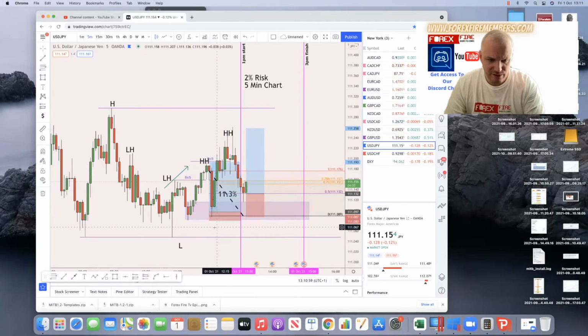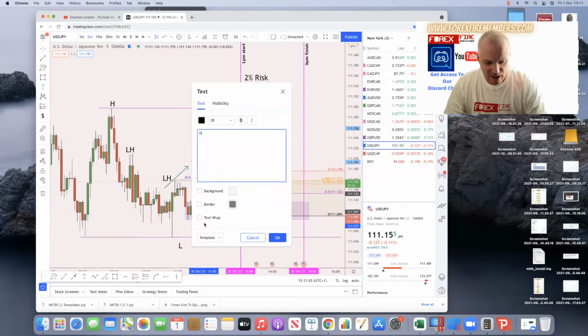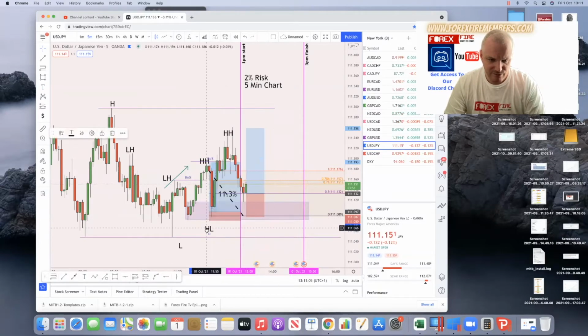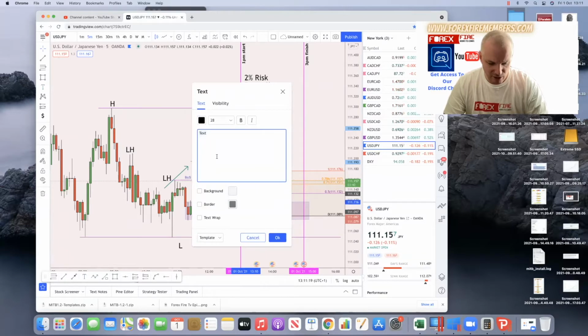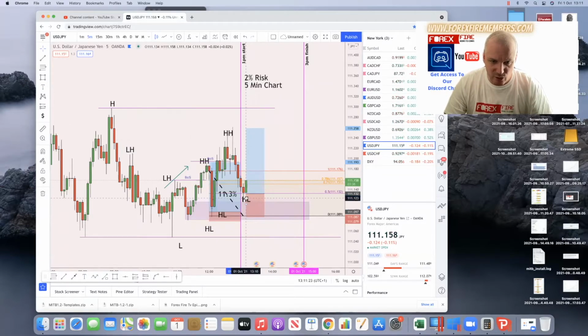Sorry, I do apologize. These are higher lows. Okay, get this in here. Higher lows, and then again you've got higher lows. So that's where we are structure wise.